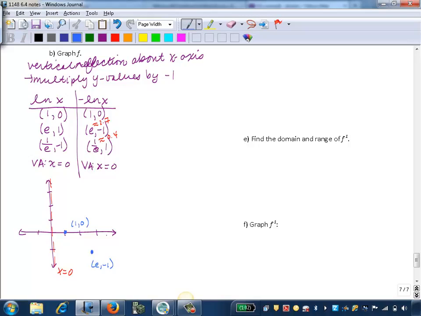And then we've got 1 over e, 1. And remember, 1 over e is about 0.4, so we'll go about halfway over and then up 1. So there's our 1 over e, 1. And we can see that ramp shape. It certainly does approach that vertical asymptote. We'll just get this approximate ramp shape.